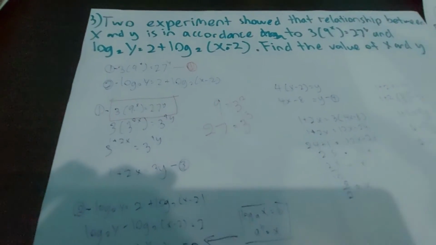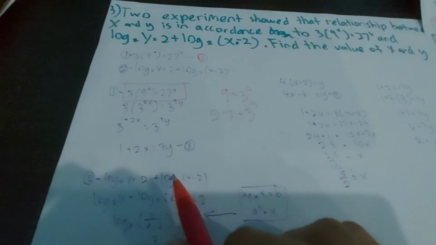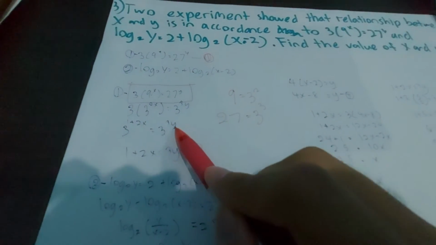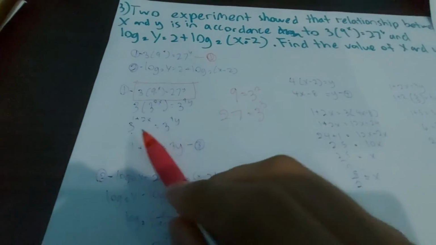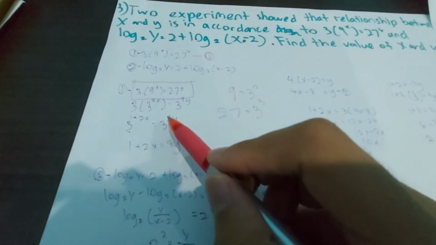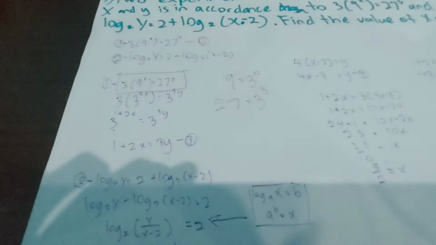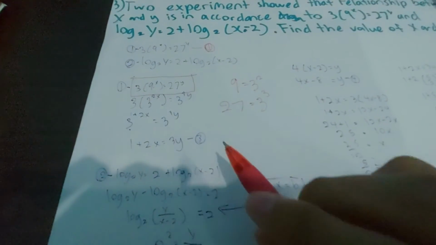And then you could simply write down 3 to the power of 1 plus 2x equal to 3 to the power of 3y here. Because the bases are the same, you can simply equate the exponents and place it here as the third equation.